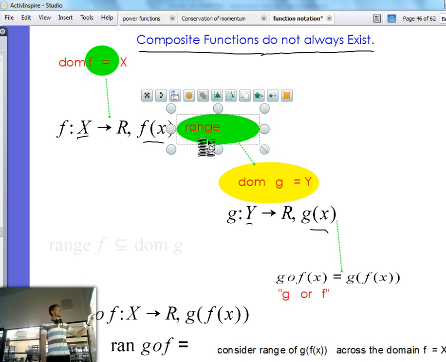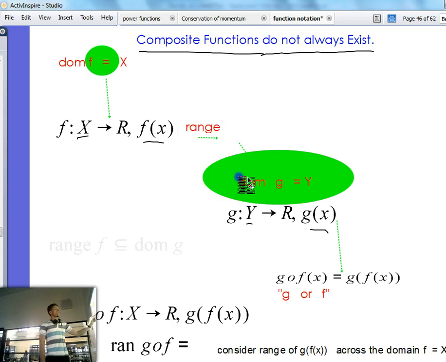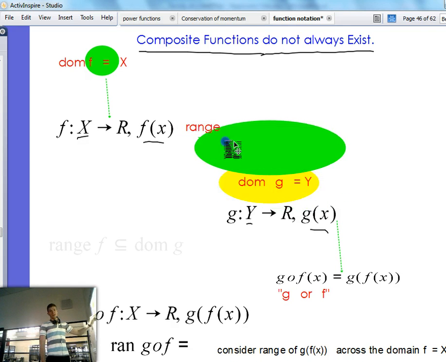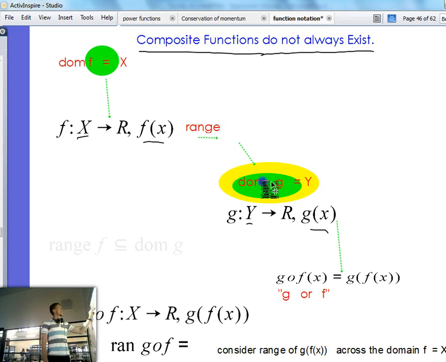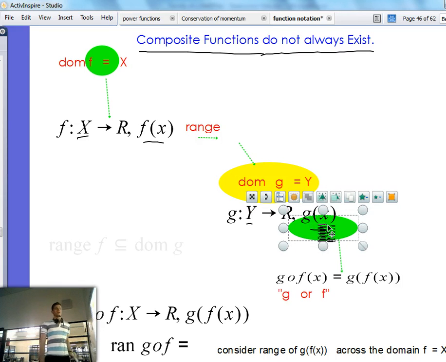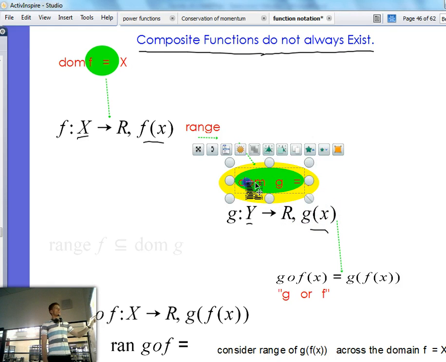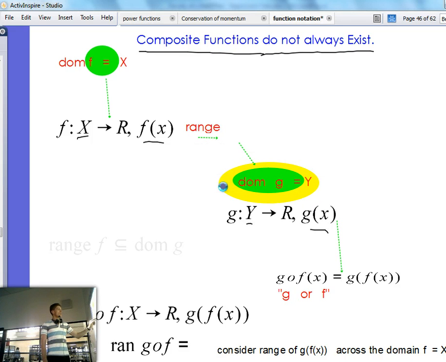Any stuff that is too big won't fit in the box. So it needs to be less than or a subset of the domain of g. So if this range of f is a subset of the domain, then it works properly.